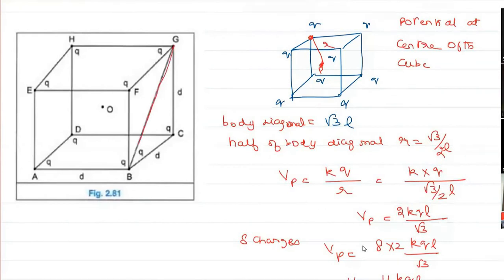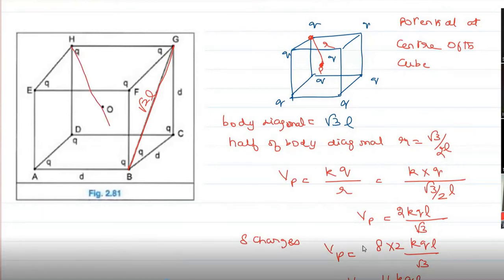If they ask you the face diagonal, the square diagonal formula, you have to use root 2L. Here what we are doing is joining from one corner to the opposite corner. That time the body diagonal formula you have to use. Clear now, everyone? Good. So this is one kind of sum.